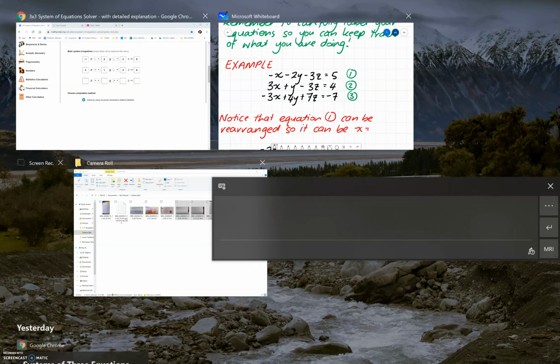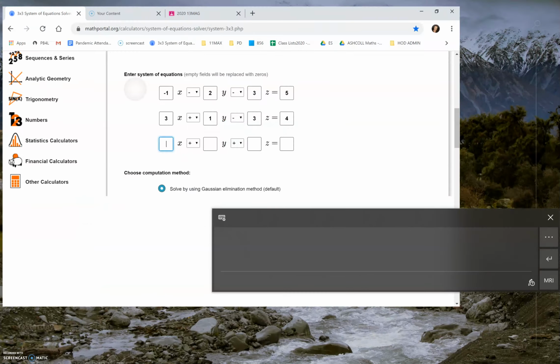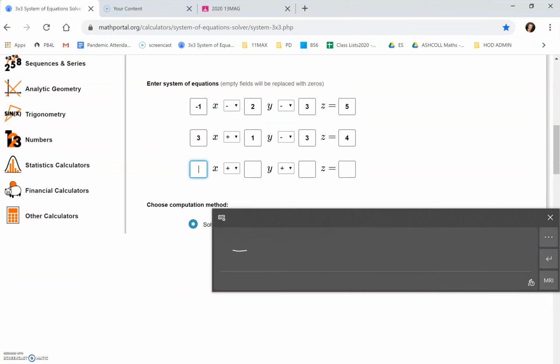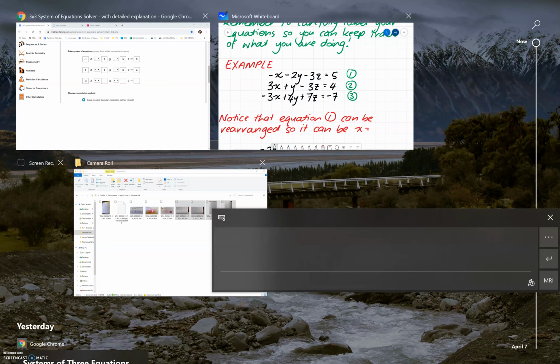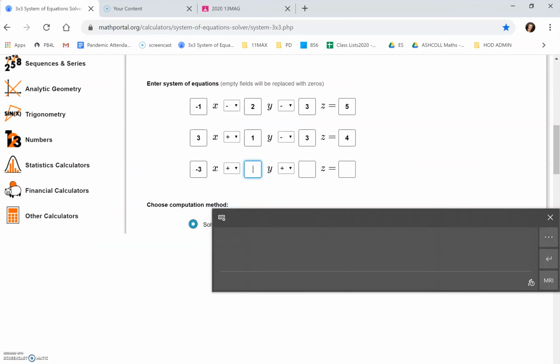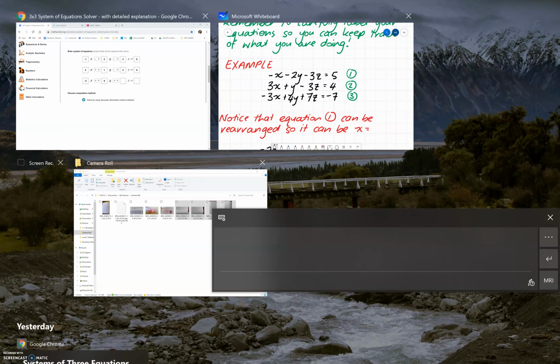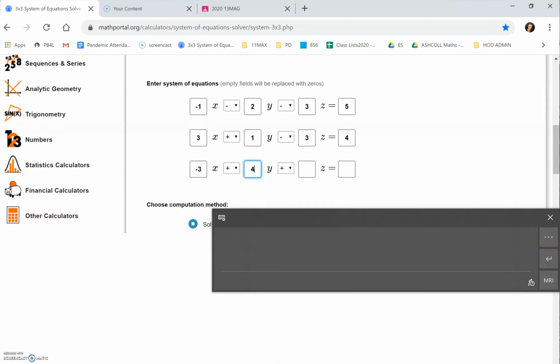And our third equation was negative 3, 4, 7, negative 7.